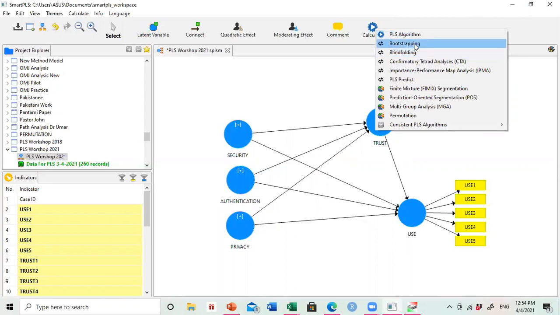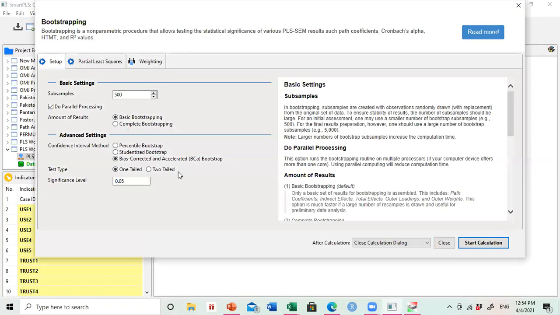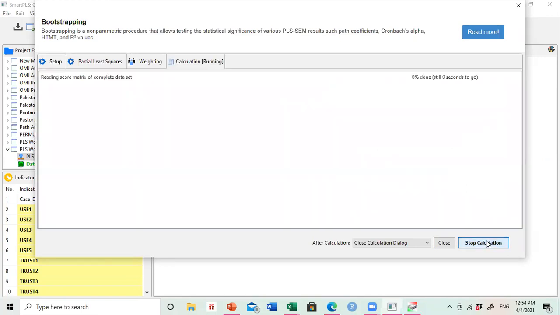We just go and say bootstrapping. And here, if you remember, I told you, if you are doing mediation, you must use two-tail. So in this case, it's always two-tail, not one-tail. All other things remain the same. You now start calculation.